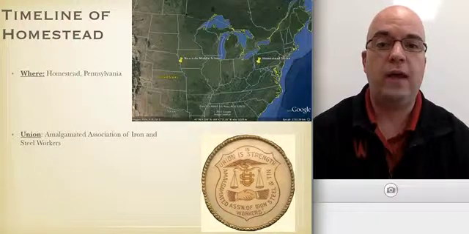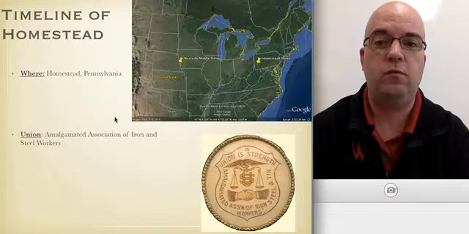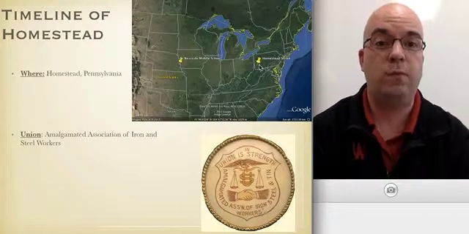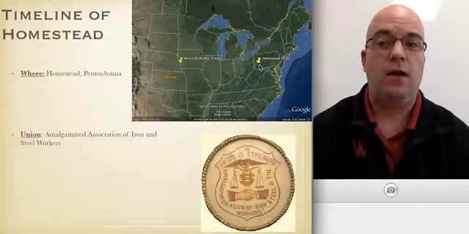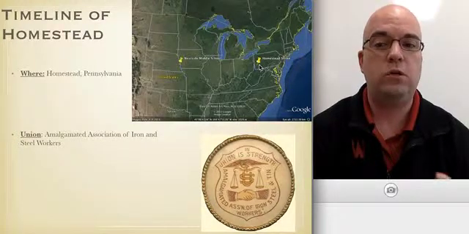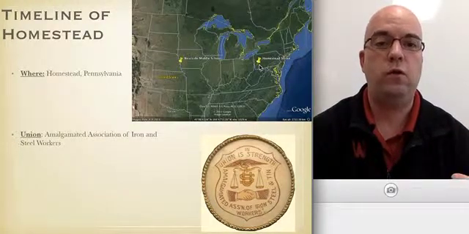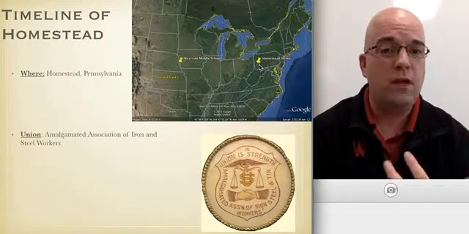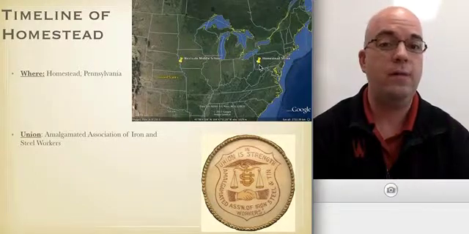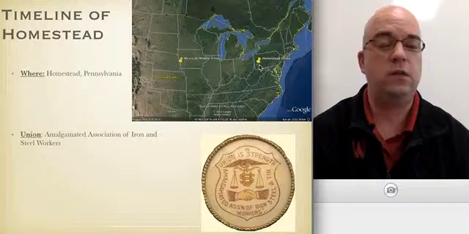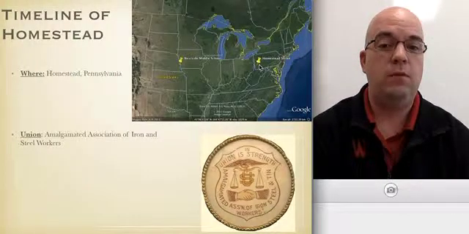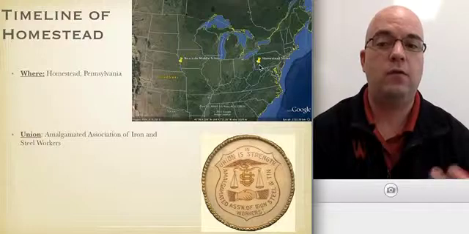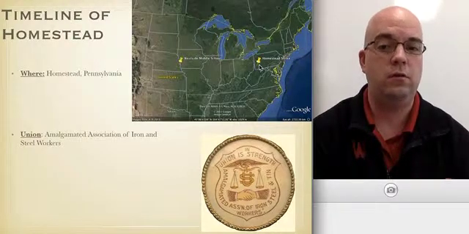Homestead is located in Pennsylvania. So here's where we're at. Here is the part of West Pennsylvania where this steel mill is. The union, which is the group of workers who unionize and pull together to have solidarity, to help fight for things like working conditions and better pay, formed a union in this part of Pennsylvania called the Amalgamated Association of Iron and Steel Workers.